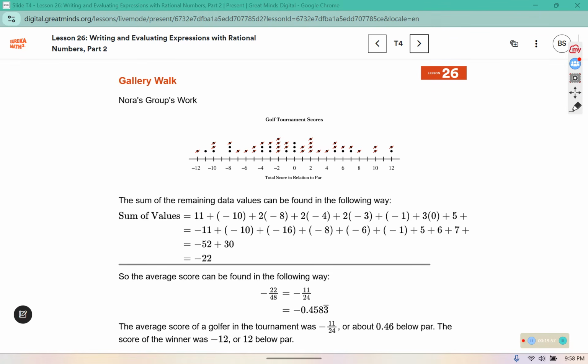So the average score can be found negative 22 over 48 or negative 11 over 24, which they also have the decimal there as well. You can see they crossed out several values as well, where a negative and a positive added to 0. So just a different strategy. You might have listed out negative 8 and negative 8 separately. This team wrote down that there were 2 negative 8s in this format.